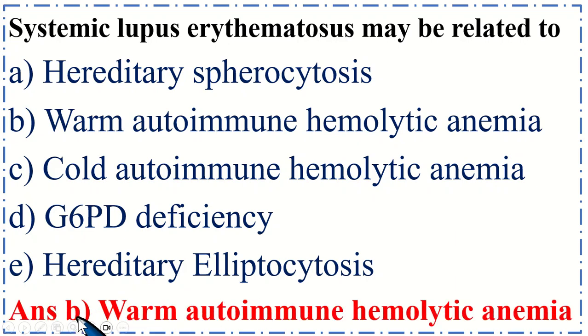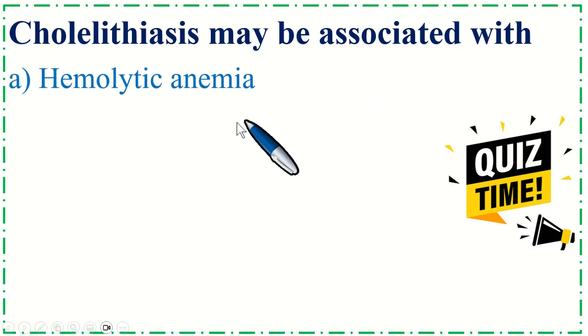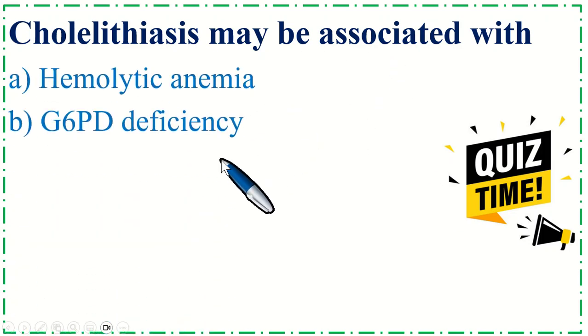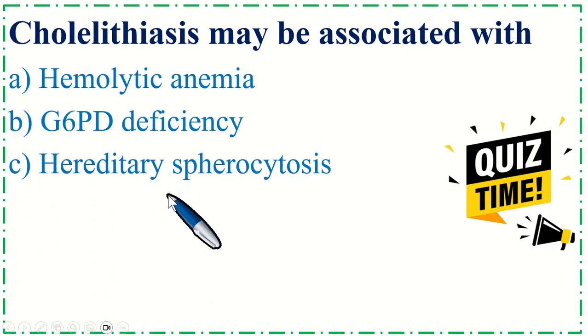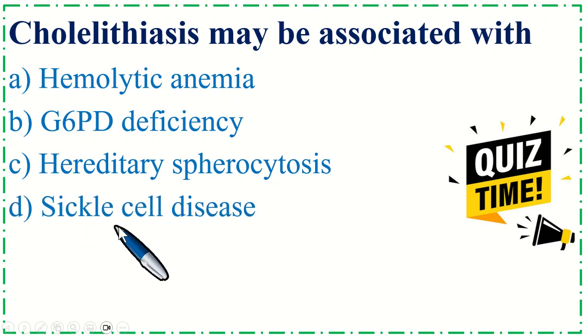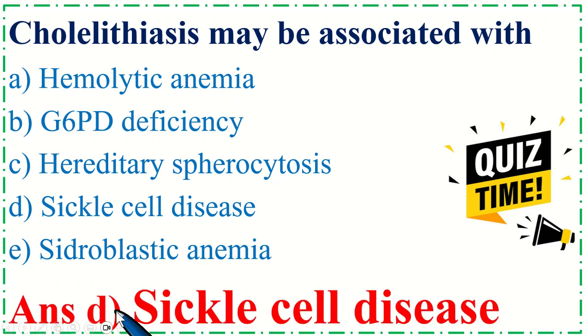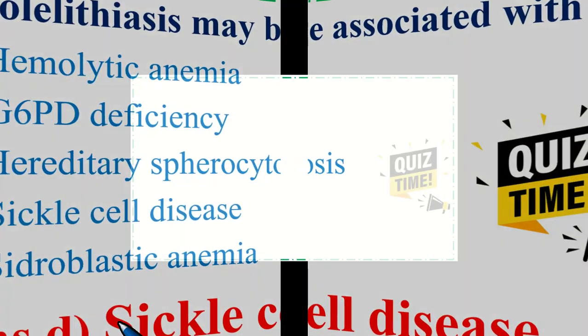Correct option is B warm autoimmune hemolytic anemia. Cholelithiasis may be associated with option A hemolytic anemia, B G6PD deficiency, C hereditary spherocytosis, option D sickle cell disease, and option E sideroblastic anemia. Correct option is D sickle cell disease.